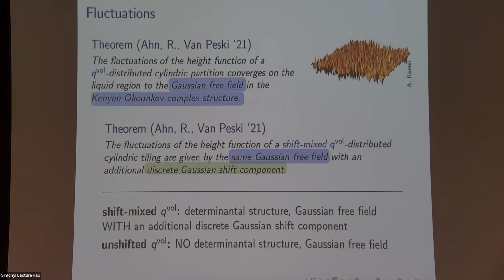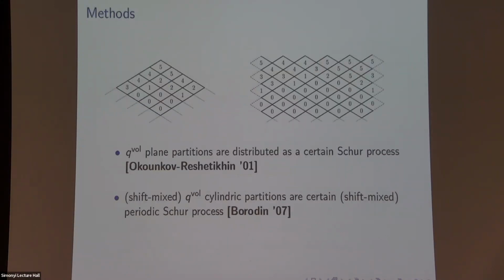Let me say a few words about the methods which we used. For the plane partitions, Okounkov and Reshetikhin introduced Schur processes to study them. What is a Schur process? Schur measure is defined in terms of Schur polynomials, which are a very special type of symmetric polynomials. I'm not going to go into more detail.